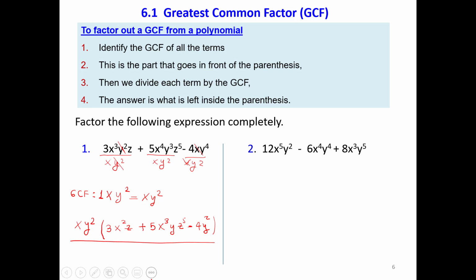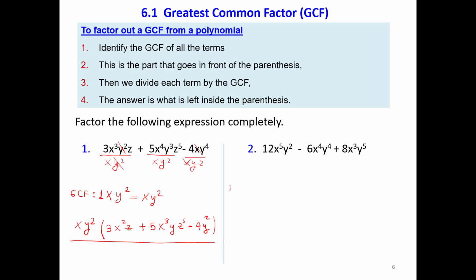We had this trinomial and we want to factor it out using the greatest common factor method. The first thing we need to find is the greatest common factor for all the terms. If you don't know the greatest common factor for the numbers, you can write the factors. Let's do this one just to review.